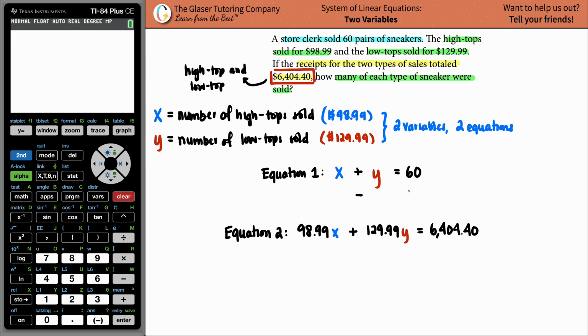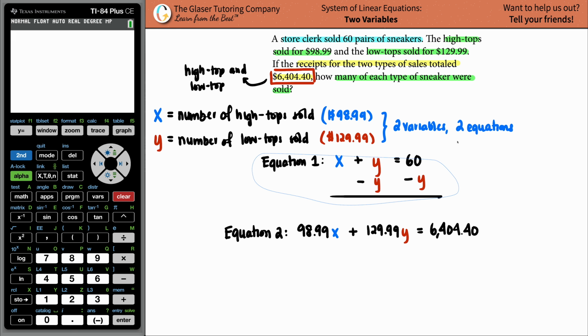If we minus y on both sides, just so that we have room, this would be x equals 60 minus y. And now we know what x equals. X equals 60 minus y.